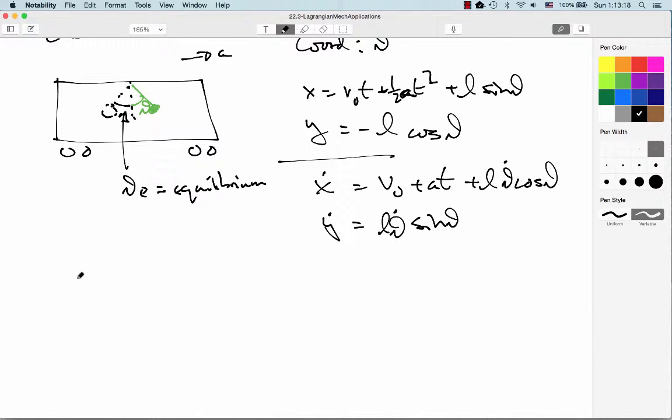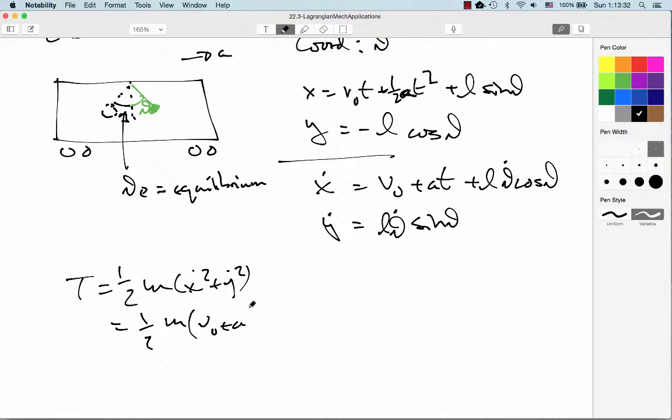Okay, so the kinetic energy is 1/2 m times x dot squared plus y dot squared. So let's start adding them up. So 1/2 m times (v naught plus a t plus L theta dot cos theta) squared, plus 1/2 m L squared theta dot squared sine squared theta.